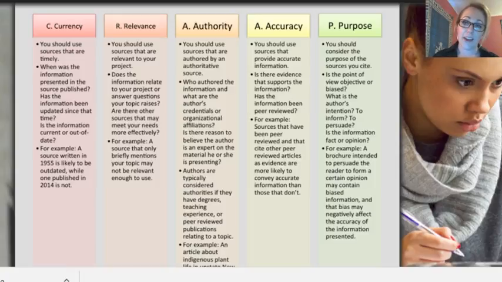The last letter in our little acronym here is purpose. You want to consider the purpose of the sources that you're citing. Was the purpose of that article to inform, to educate? Maybe it was to entertain. Maybe it's a satirical article on why the Titanic sank and how that's a comparison to capitalism or something like that. Maybe that is not going to be the best source to use if we're trying to argue why the Titanic sank.